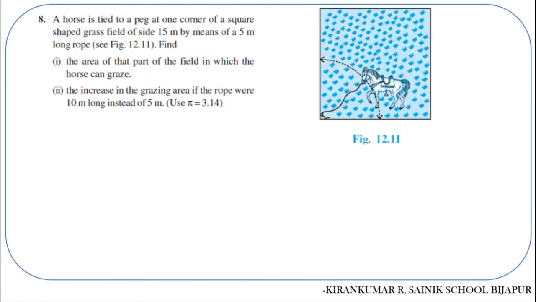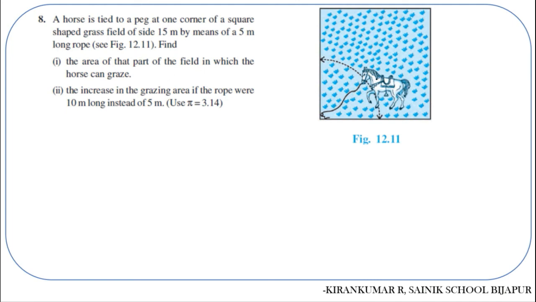Question number 8. A horse is tied to a peg at one corner of a square-shaped grass field of side 15 meter by means of a 5 meter long rope as shown in the figure 12.11. Find the area of that part of the field in which the horse can graze.